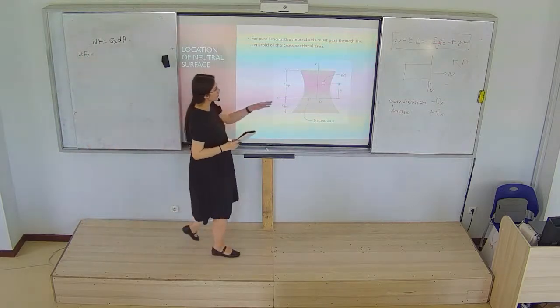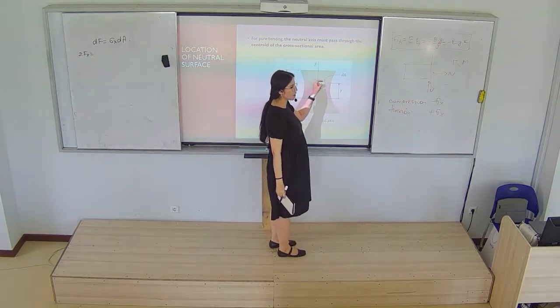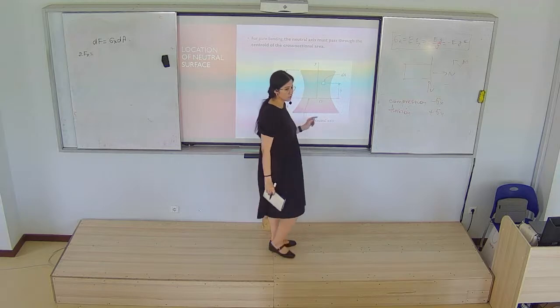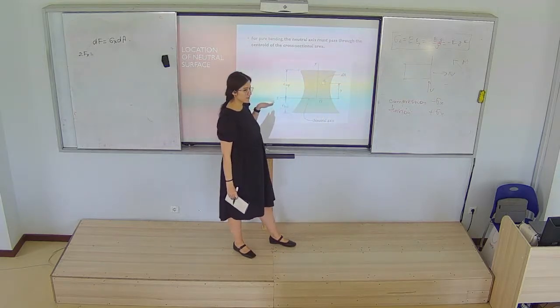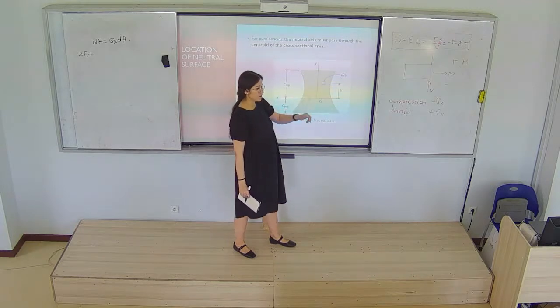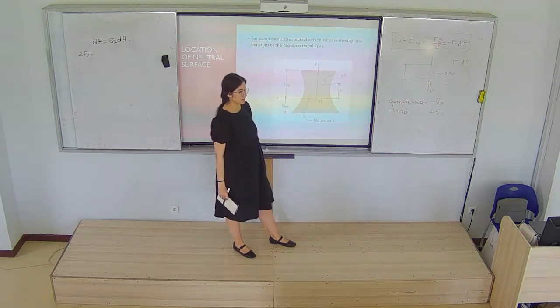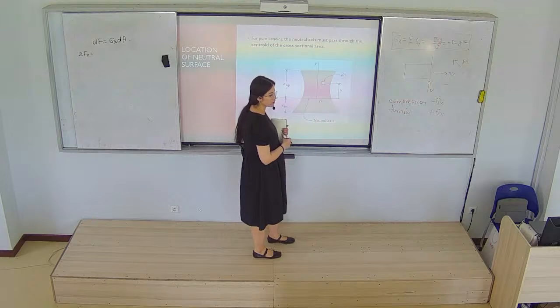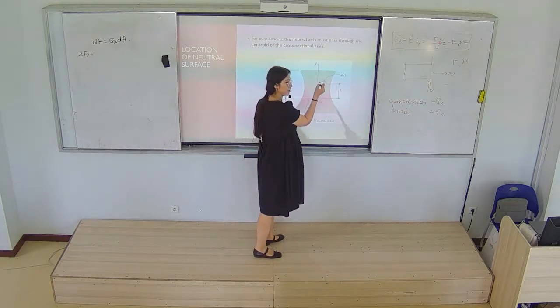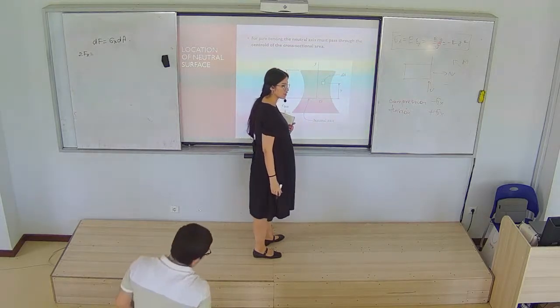In this example, we took one small part which has a cross section dA for cross section of the beam. Okay? If this one is the y, this one is z, it means that our x will be this side.